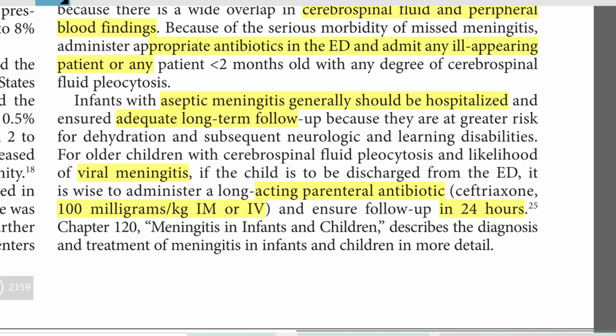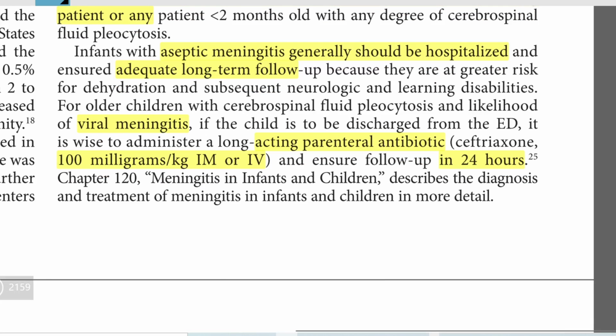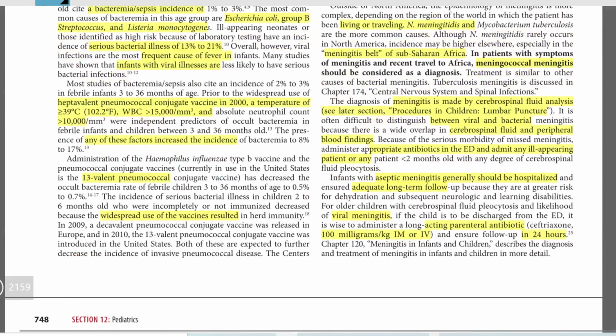Because they are at high risk for dehydration and subsequent neurological disabilities, for all children with pleocytosis and a likelihood of viral meningitis, if the child is to be discharged, it is wise to administer a long-acting antibiotic and follow up in 24 hours. This completes our introduction.